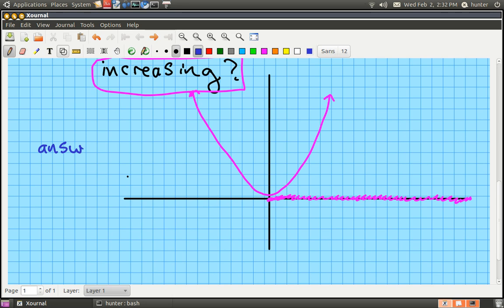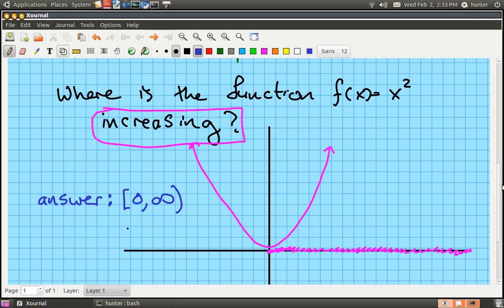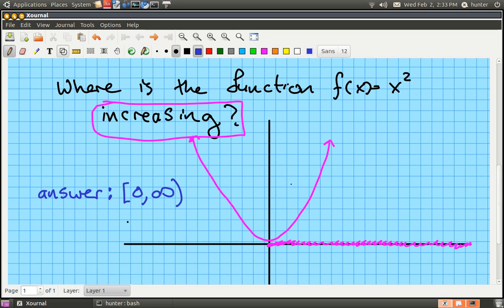The answer to this question is always an interval, and it's the interval from 0 to infinity. Okay. All right. And similarly, we could ask where it's decreasing, and so it would be decreasing from negative infinity to 0, and we would use the hard bracket again.